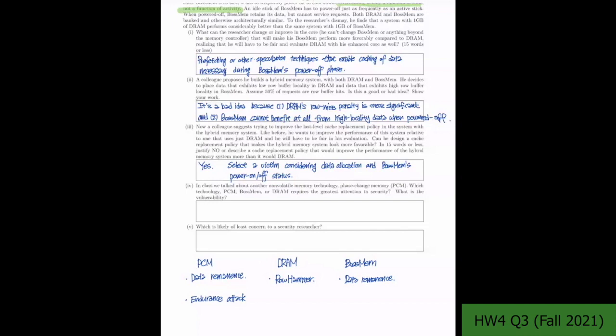So basically, questions 4 and 5 are open-ended questions. So you would get full credit if you reasonably explain your thoughts based on an analysis of the security vulnerabilities of each memory technology.